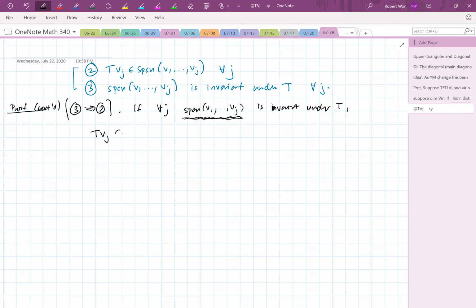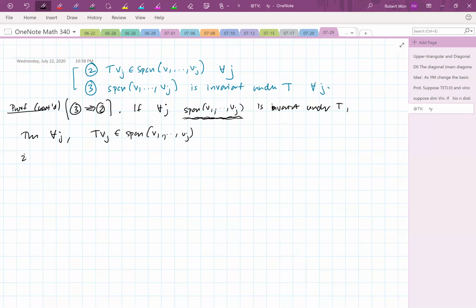So when you apply T, this has to stay in the subspace. But that's exactly the second condition. So then for all j, T of Vj is in the span. So 3 implies 2 is you just write down the definition of what it means for these spans of consecutive vectors to be invariant under T.